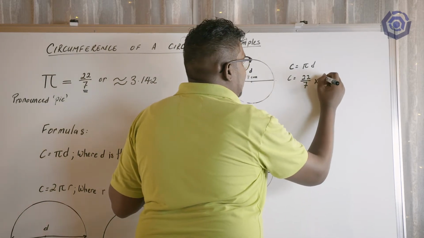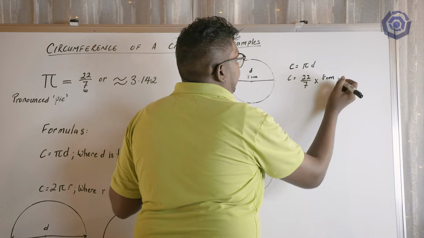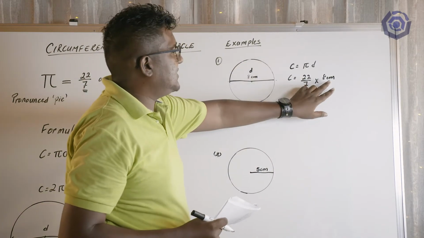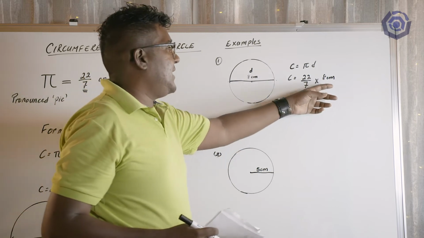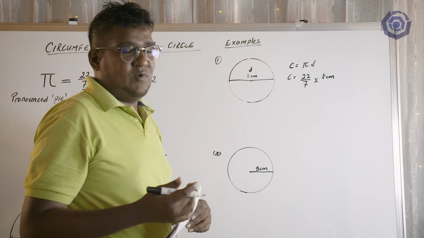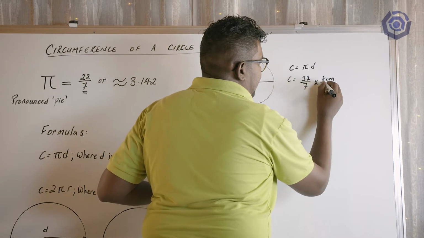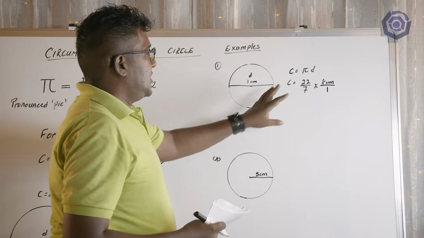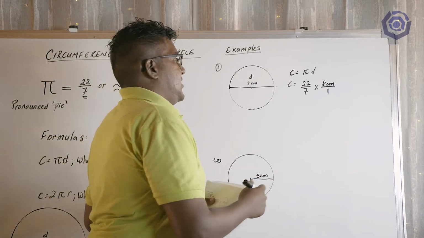And the diameter is 8 cm. Now, when you have a fraction here and you have a single whole number, we have to make this into a fraction. And when you have whole numbers, to make them into a fraction, you simply put them over 1. So all you do is you put a line and you make the denominator 1. So now we have two fractions and we're multiplying fractions.